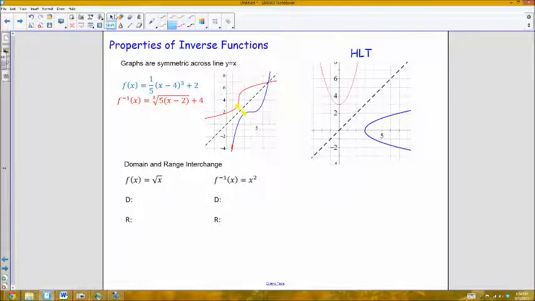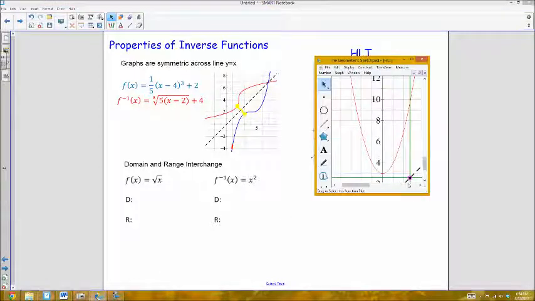for functions. We'll recall from functions part 1 that we have a vertical line test to see if something is a function. Say this red graph here represents my function, and this blue graph represents its inverse, since they are symmetric across this line y equals x. As I drag this vertical line through my graph, I can see that it is a function.